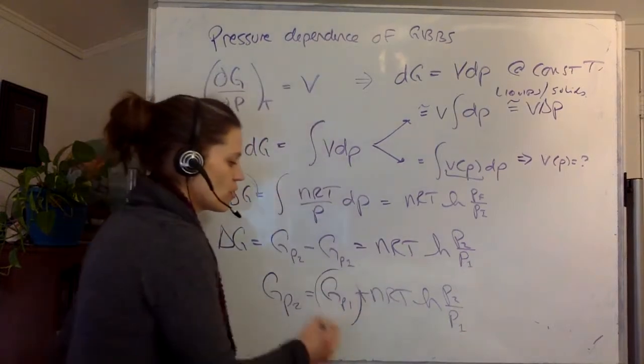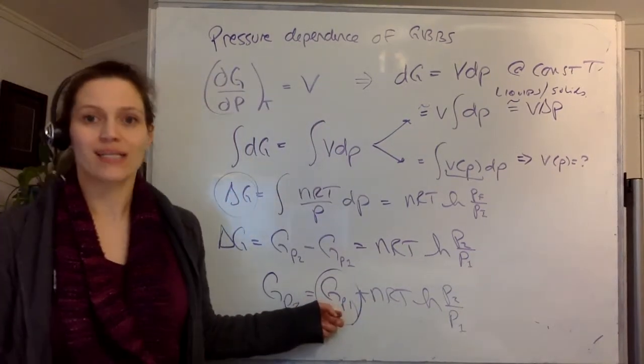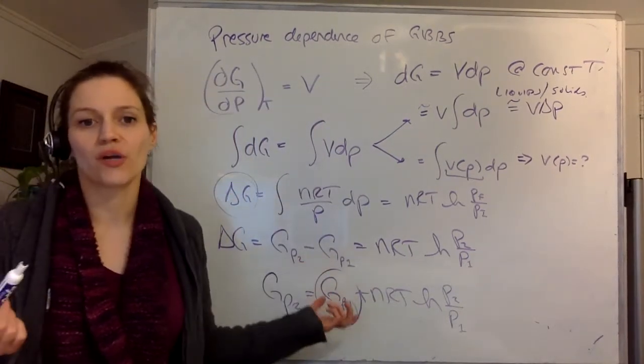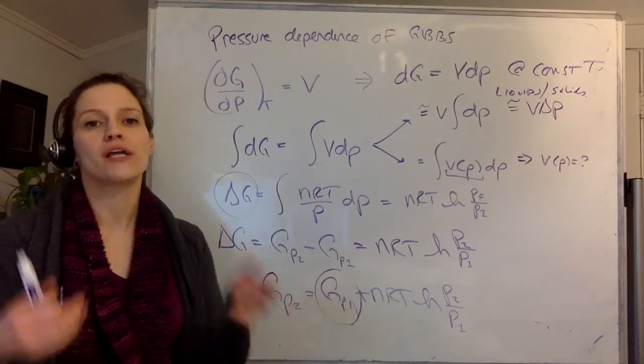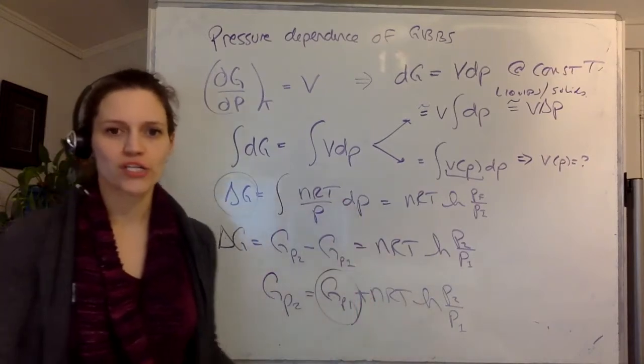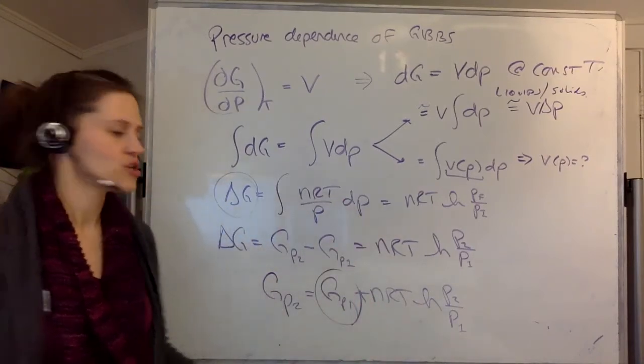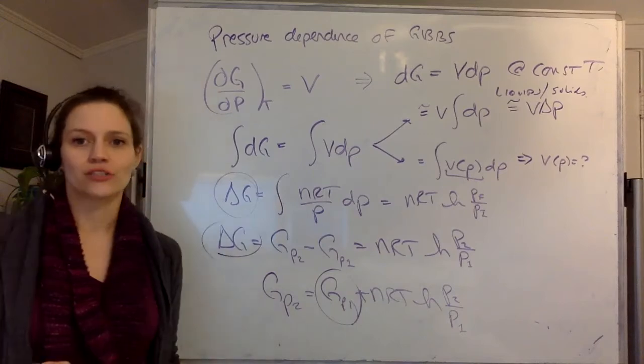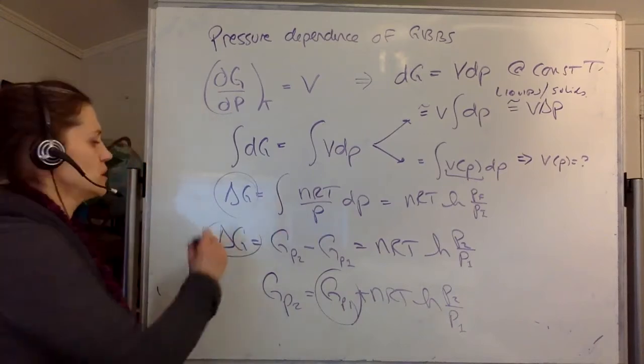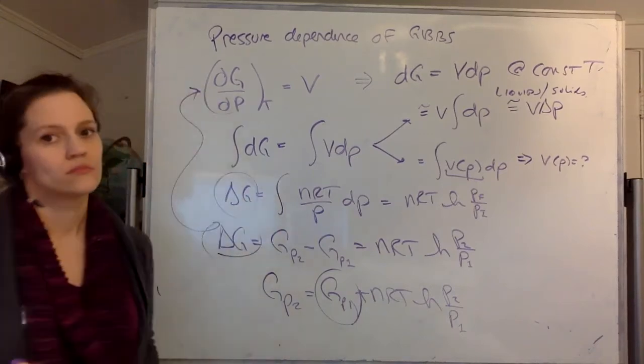And so if you know you start at, say, some sort of standard condition, say 1 atmosphere, and you want to know how much does the Gibbs energy change as you shift to a new pressure, this is going to be the relationship originating from your delta G that you got back from the partial derivative.